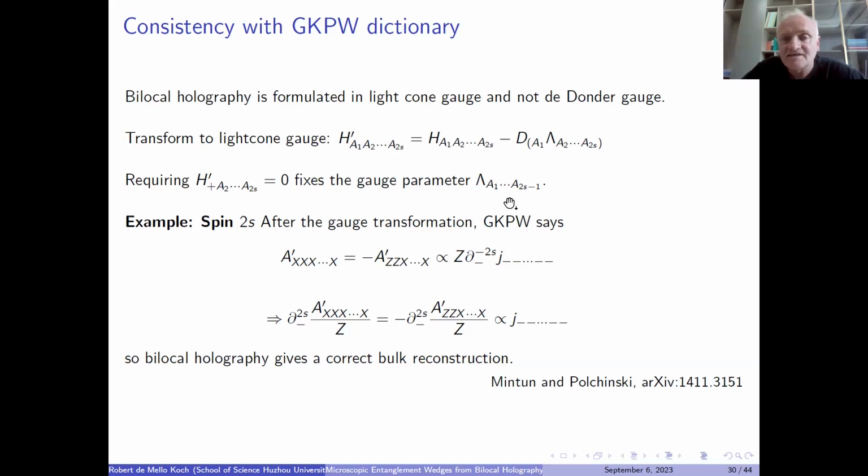As soon as you've said that, you fix the gauge parameters, and then you can check what the GKPW dictionary becomes in light cone gauge. So denoting the gauge fields in light cone gauge with a prime, in the end, you find that the 2s derivative of the gauge field divided by z is proportional to the CFT current. And that's precisely the boundary condition that we have found. So this is a proof that bilocal holography gives you a bulk reconstruction for every single field in the gravity theory.